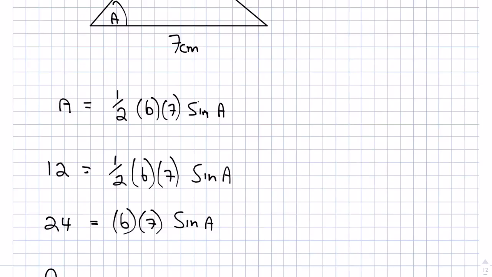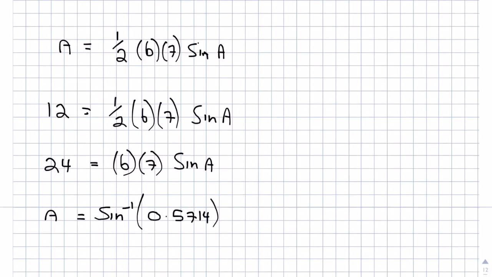So basically A is going to be the inverse sine of 0.5714, which is what I'll get when I do 24 divided by 42. And sine A is 0.5714.